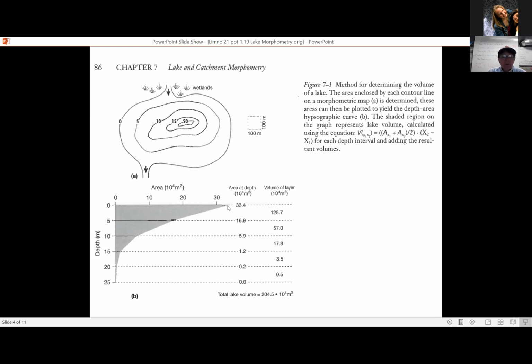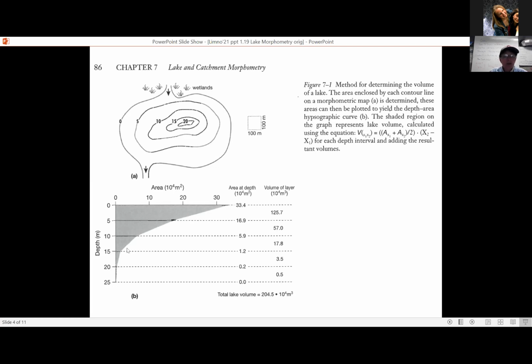So the maximum area, the whole area of this cartoon, is at 0. Slightly less than that is 1 meter deep or deeper. Slightly less than that is 2 meters deep or deeper. Here's how much of the lake is 5 meters deep or deeper. Here's how much is 10, and so on.